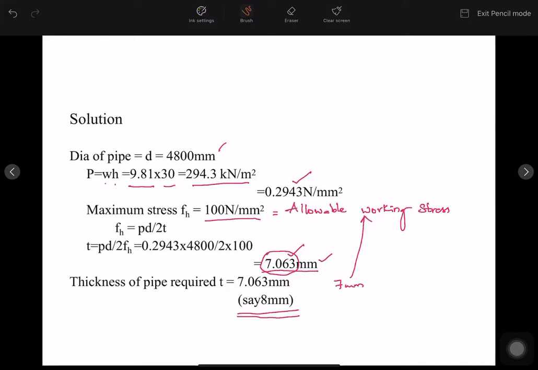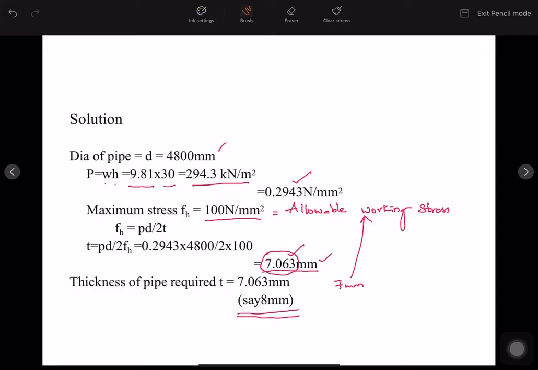Because we are removing 0.063 mm of thickness. If we remove thickness of the cylinder, it will affect the total working condition of the cylinder. I mean to say, it may not handle the internal pressure, right?